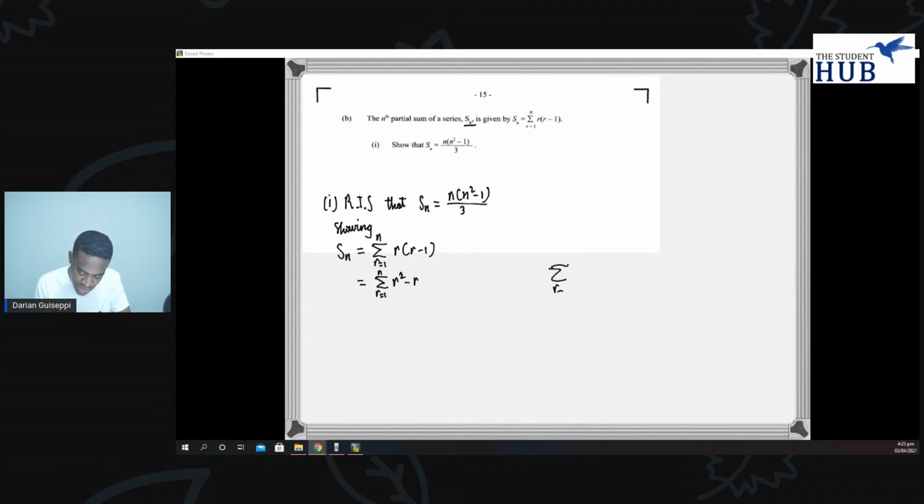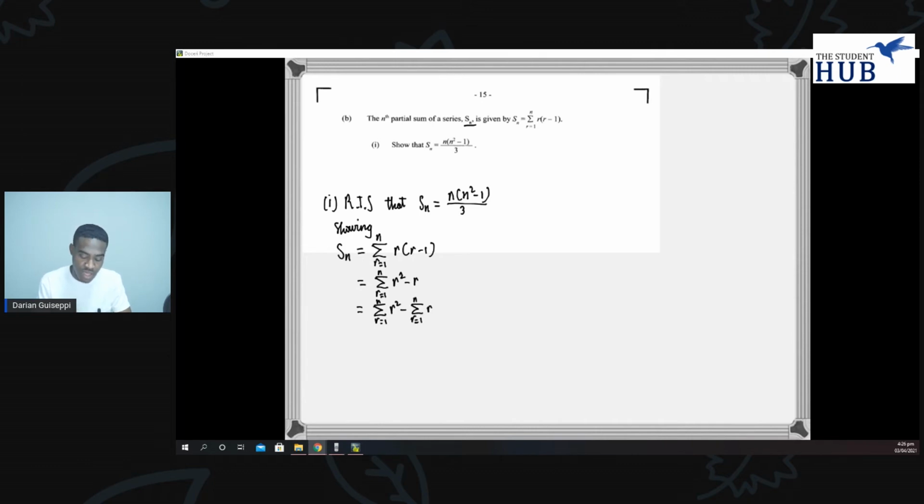The sum from r is equal to 1 to n of, let's say I have v_r plus u_r, we could rewrite this as the sum from r is equal to 1 to n of v_r plus the sum from r is equal to 1 to n of u_r. That's the law we need to apply here. So let's apply it and see if things could be made a little bit easier. We apply it here and this is what we get.